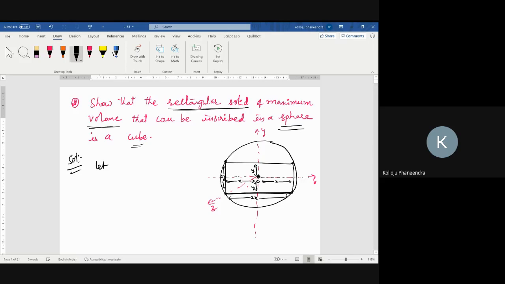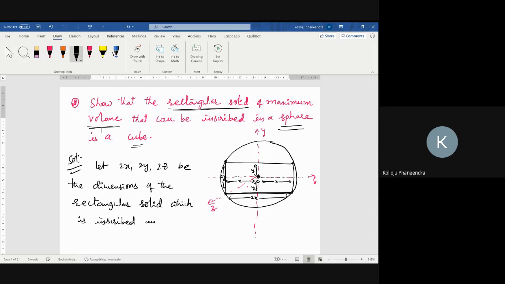So the first introduction is: let 2x, 2y, 2z be the dimensions of the rectangular solid which is inscribed in the sphere.